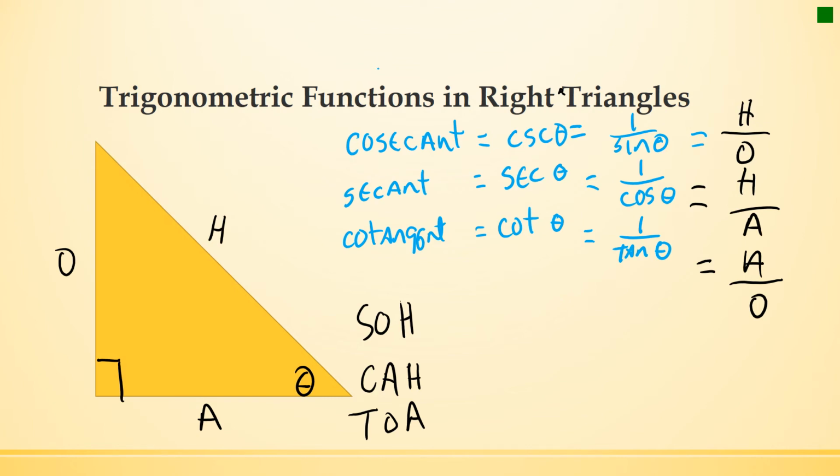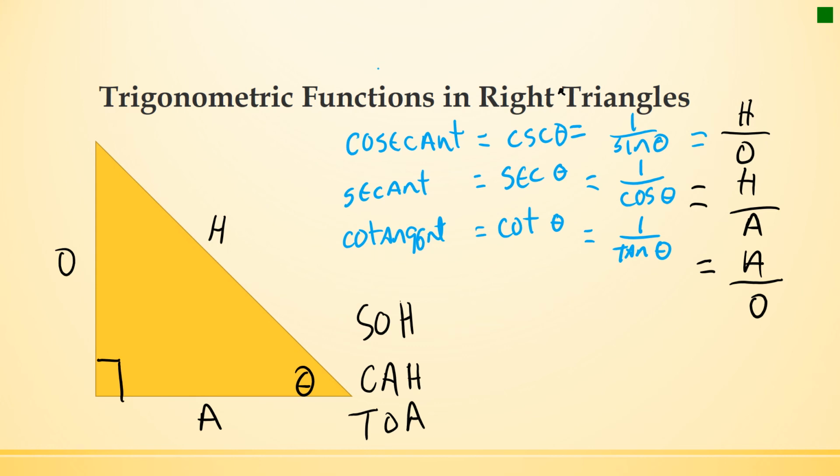All right, so that gets us started with some definitions of the 6 trigonometric functions: sine, cosine, tangent, cosecant, secant, cotangent. Or I could say the sine is the opposite over the hypotenuse. The cosecant is 1 over the sine, and that would mean that the cosecant is the hypotenuse over the opposite.